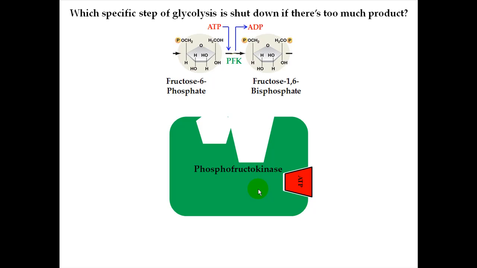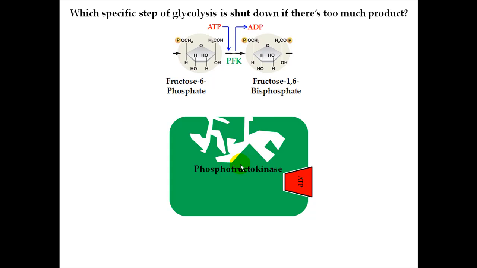And so it acts as a non-competitive inhibitor, which means that once it binds to the regulatory site, it changes the shape of the active site enough so that its normal substrates would not be able to bind. Right, so ATP serves as both this enzyme's inhibitor and as one of its substrates. So ATP can either activate or inhibit this enzyme.